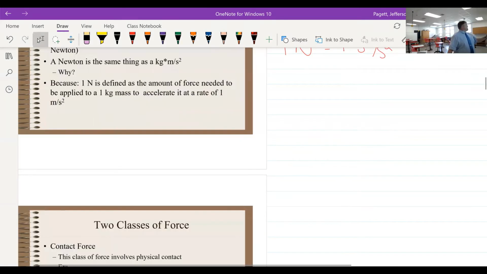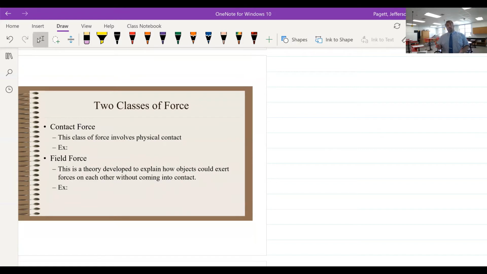Now, there are 2 classes of force that we're going to look at this year. The first is called a contact force. This is a force that exists because we come into contact with it. When I pick up this marker or this pen in my hand, in order for me to exert a force on it, I have to come into contact with it. If I don't come into contact with it, I can't move it anymore. So if my hand's not touching it, it's not going to accelerate the way I want.